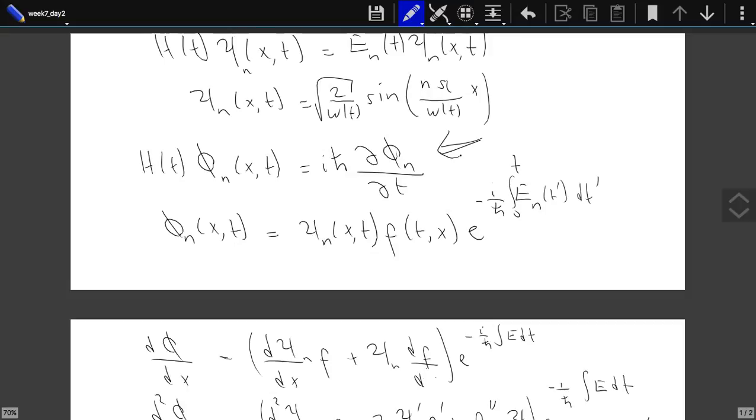So that should be the only solution. So since the solution is unique, if we find one by whatever assumption we make, if we can find one, that is the only one.